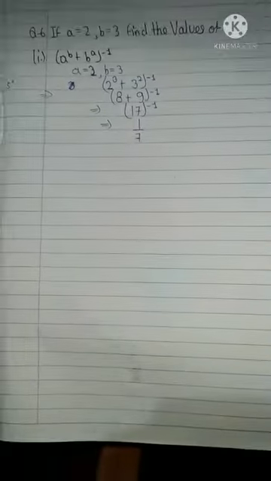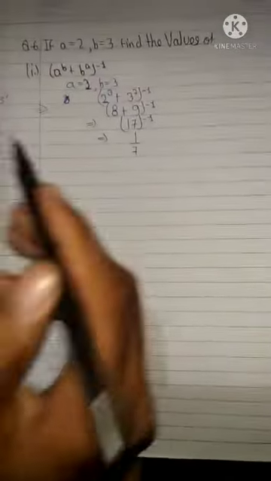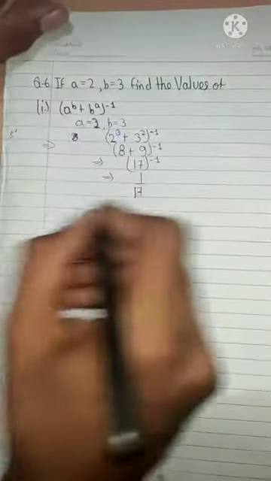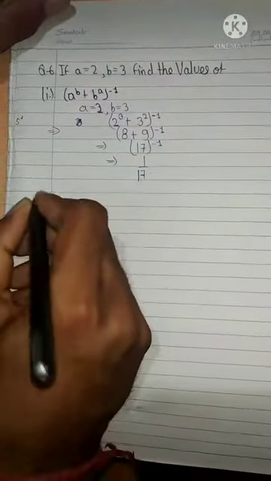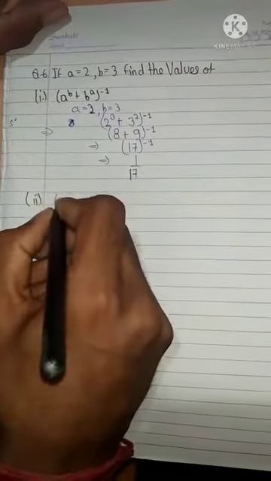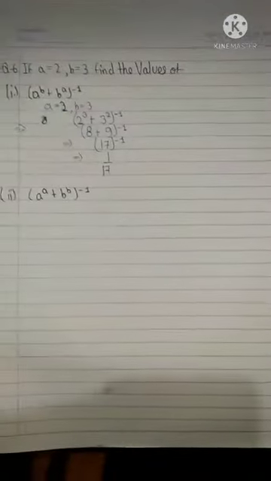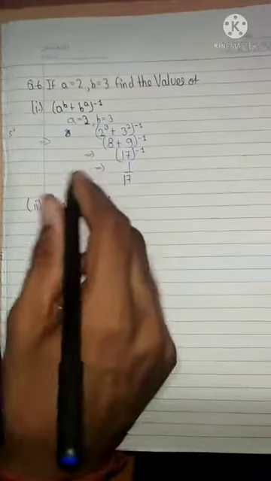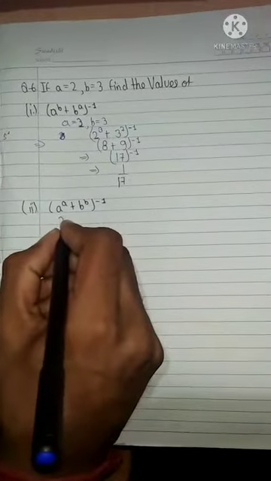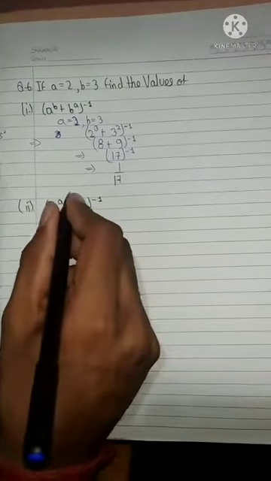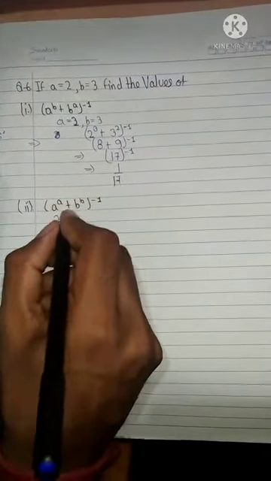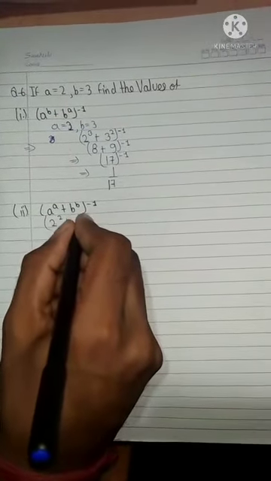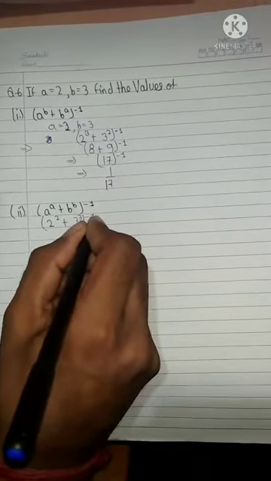So another question is (a^a + b^b)^-1. The value of a is 2, which is the base, and a is also the exponent, plus the value of b is 3 and the exponent is also b.